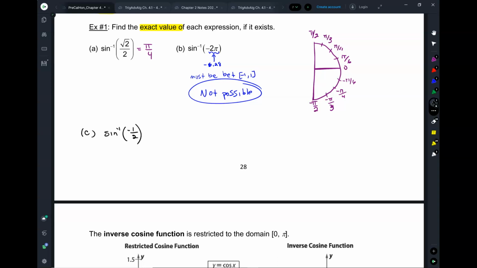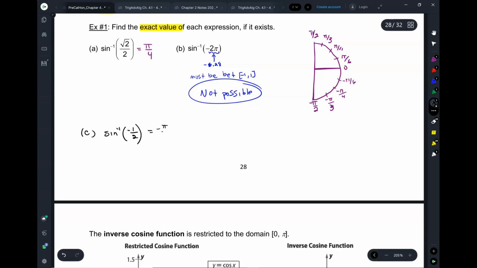For what angle is sine 1/2? Pi over 6. Yes, sine of pi over 6 is a half. So when you want sine to be negative a half, it's got to be the corresponding angle to pi over 6 in the negative quadrant. So that's negative pi over 6. So it equals negative pi over 6.